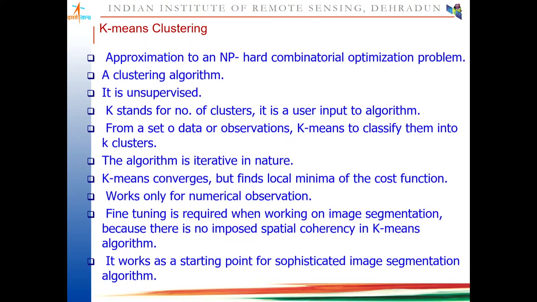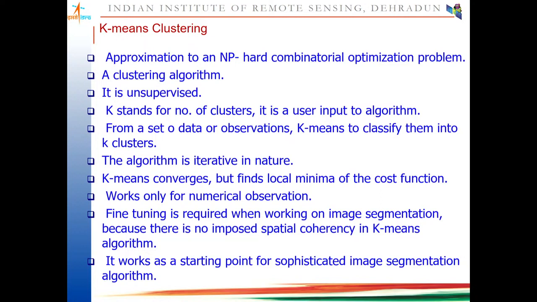From a set of data or observations, k-means classifies them into k clusters. This is also an iterative algorithm. It is iterative in nature. The k-means converges but finds the local minima of the cost function, and this works only for numerical observations.